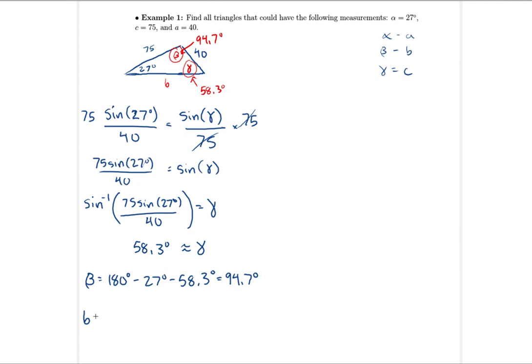So I can say B is equal to the square root of 75 squared plus 40 squared minus 2 times 75 times 40 times the cosine of that angle that's between them, 94.7 degrees.